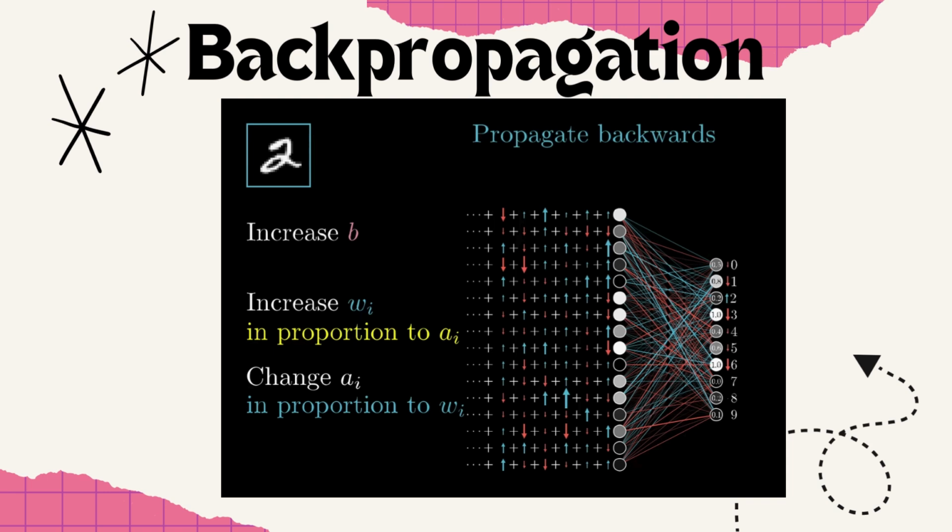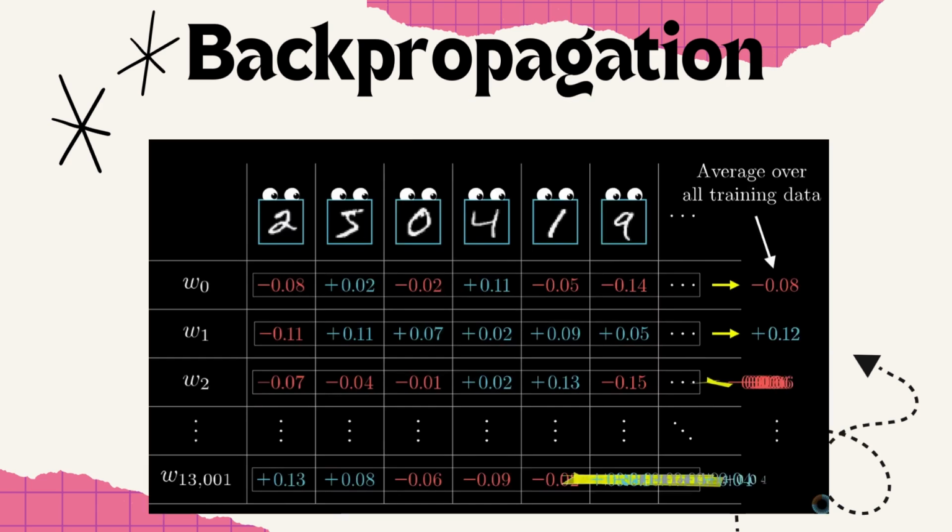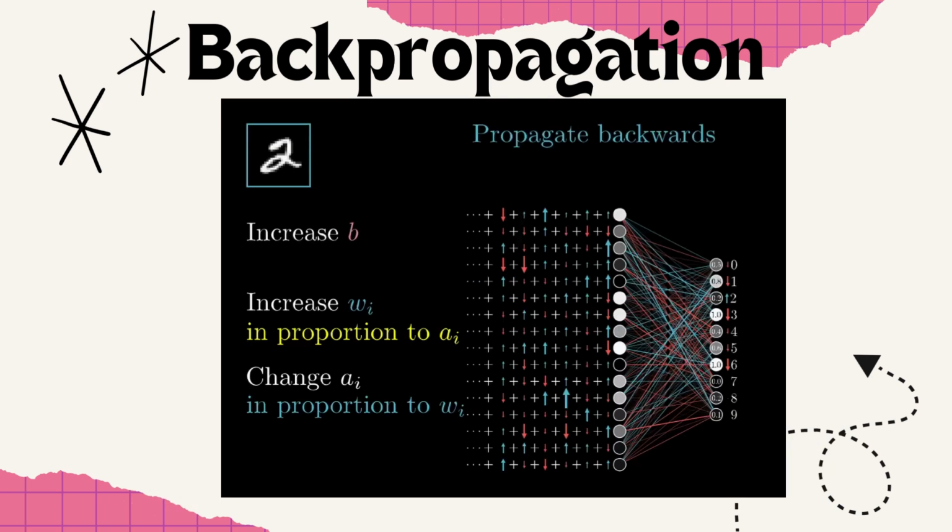In this case, B stands for biases. You could also adjust the weights. Here it's represented by W. And you could also influence or change the activation from the previous layer. And the way you do that is by propagating backwards.